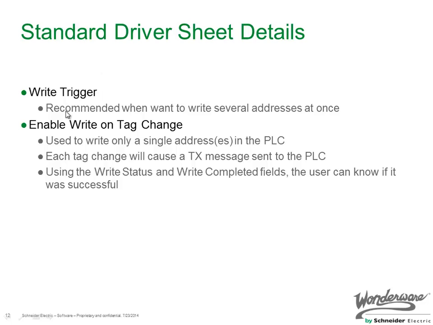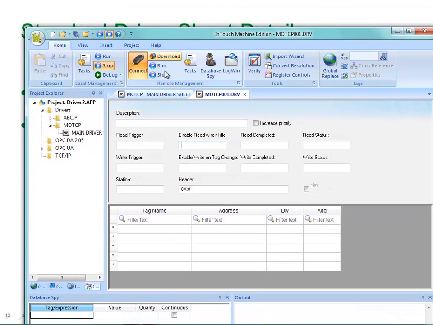The write trigger field is recommended when you want to write several addresses at once, versus when you're using the enable write on tag change, that's used to write only a single address in the PLC. So here's the difference. When you use the write trigger, that triggers the entire worksheet to be written.